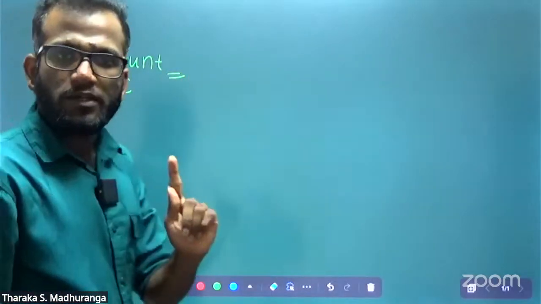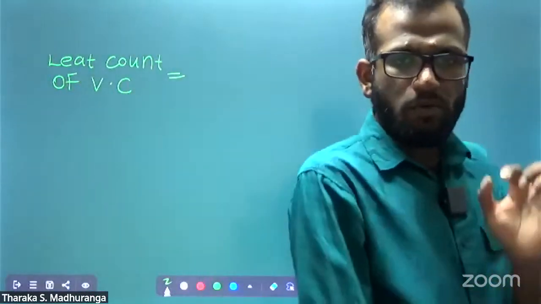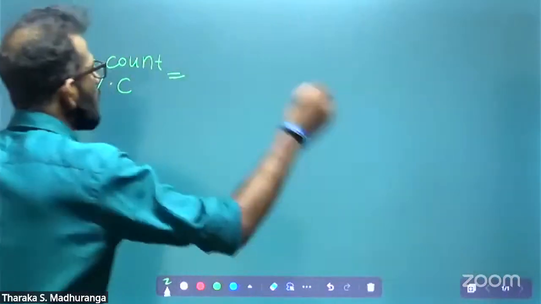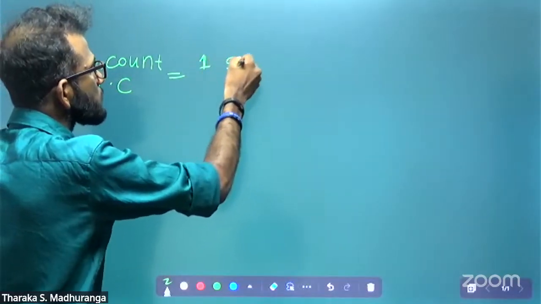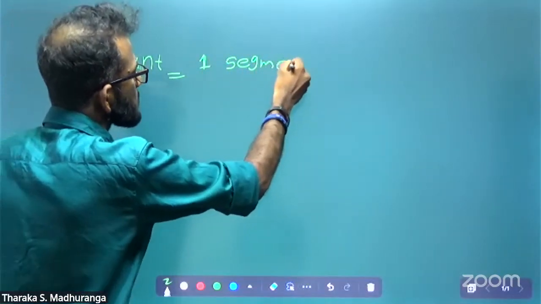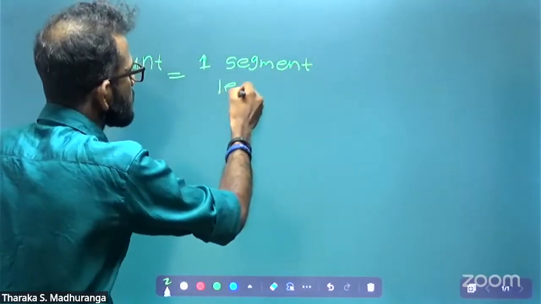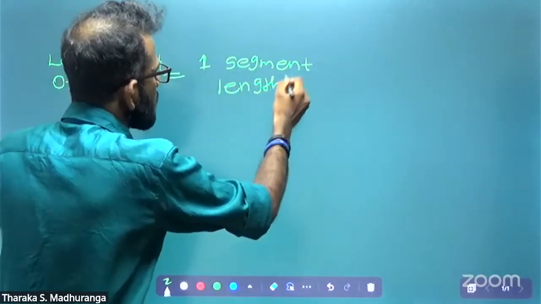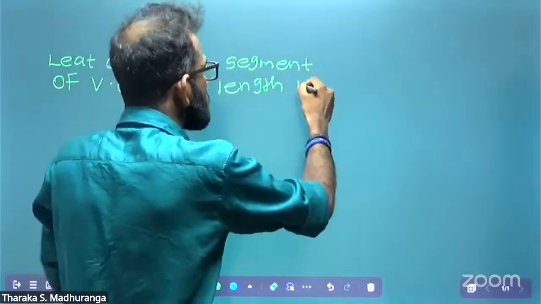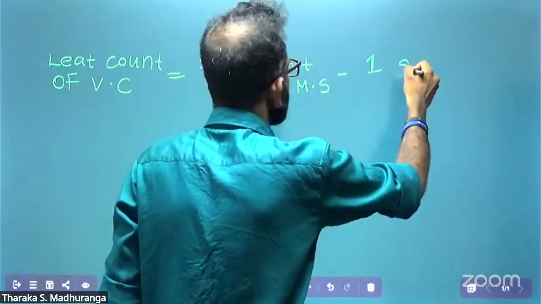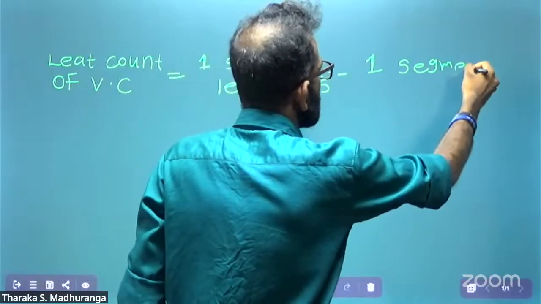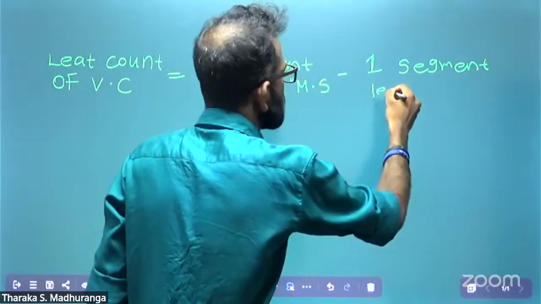The least count equals one segment length of main scale minus one segment length of vernier scale. Very simple equation.